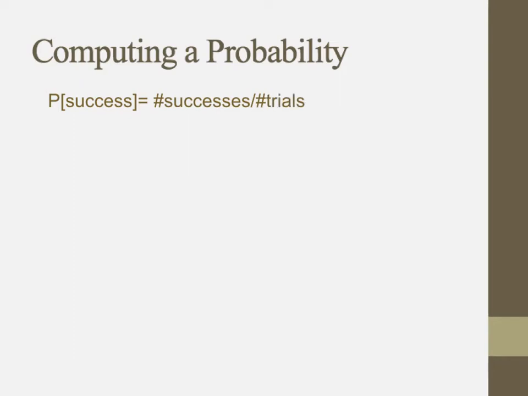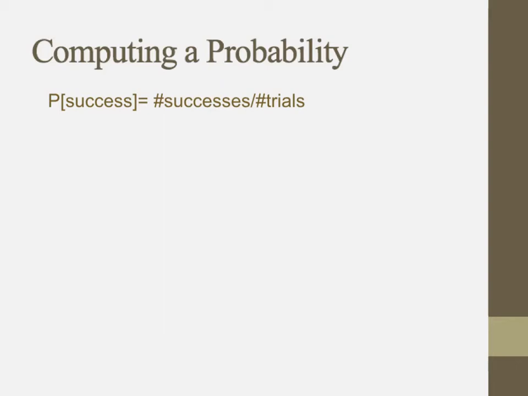So in our calculation of probability, what we're typically thinking about is doing a whole bunch of trials. So doing something over and over again and seeing how many successes we have. So if you flipped a coin 100 times, the probability of success would be the number of times that you got heads divided by the total number of times that you flipped the coin.